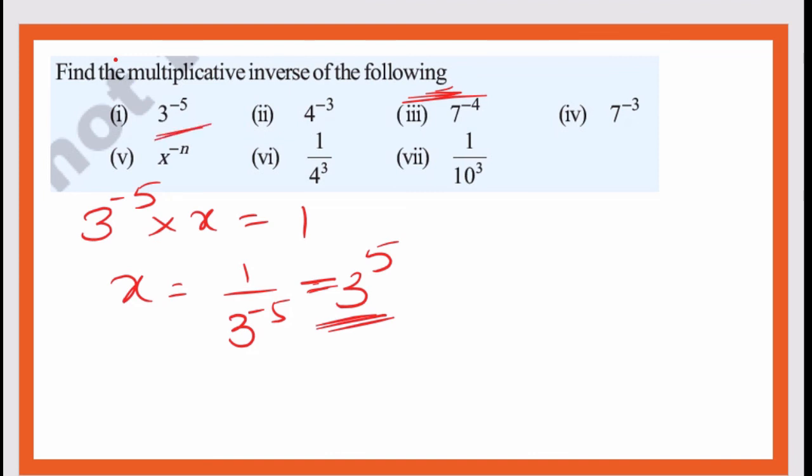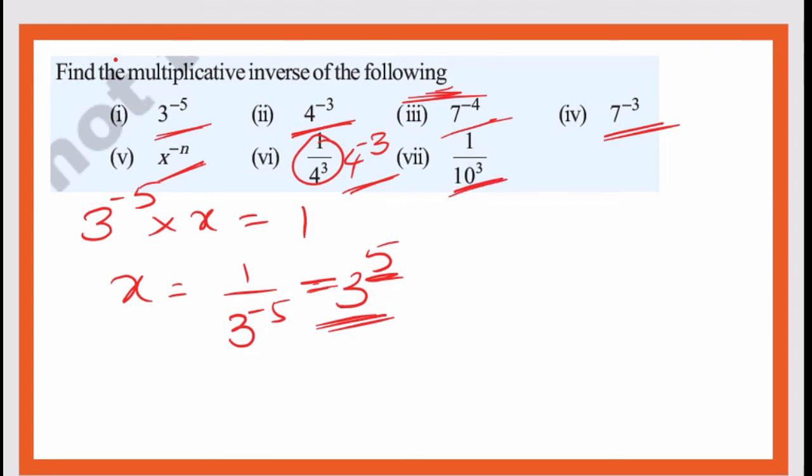Simply, what we did is, if the power is negative, then we take the power as positive. Likewise, 4 power minus 3 means 4 power 3, 7 power minus 4 means 7 power 4, 7 power minus 3 means 7 power 3, x power minus n means x power n. First of all you need to change it into standard form. So 4 power minus 3's multiplicative inverse is 4 power 3.